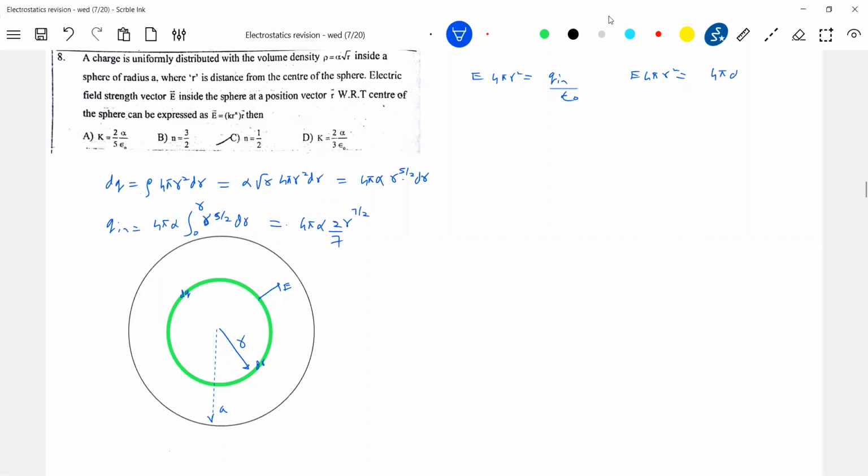So this will be 4 pi alpha, expression for this will be 8 pi by 7, 3 by 2, 2 alpha by 7.